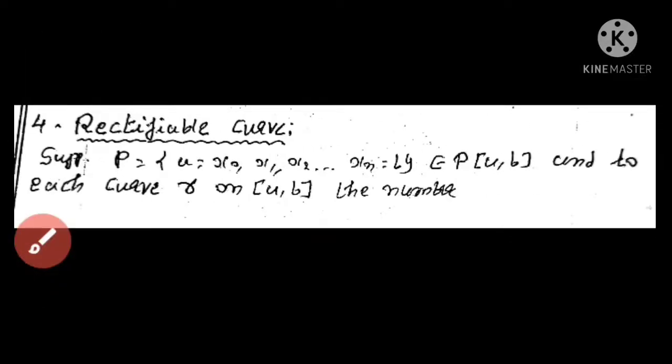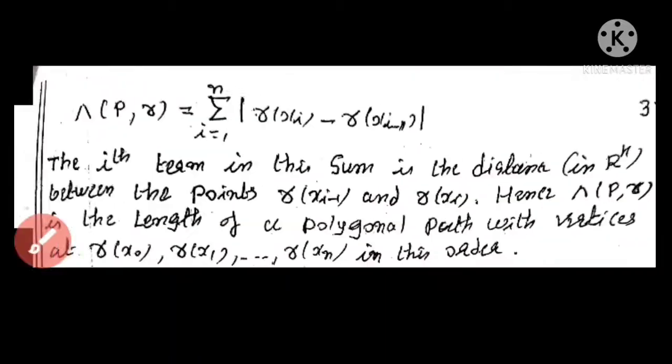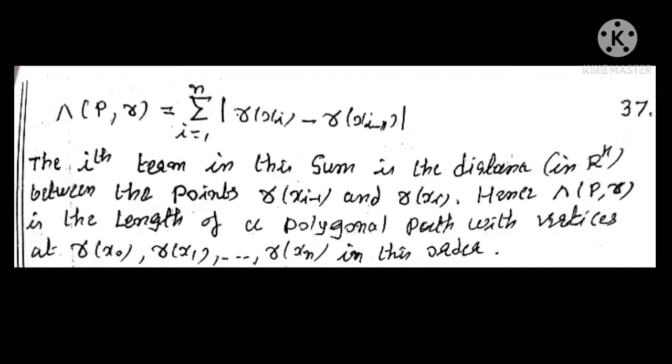Now rectifiable curve. Suppose P is equal to A is equal to x0, x1, x2 up to xn is equal to B belongs to the partition of AB, and to each curve on the closed interval AB the number this is equal to this.